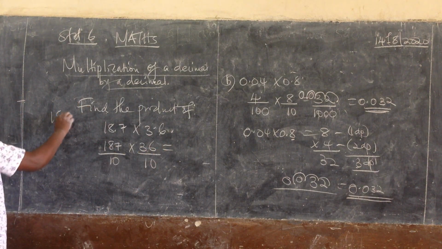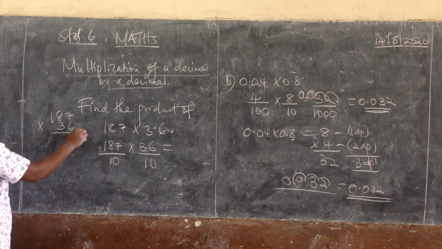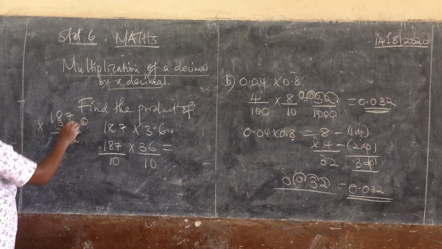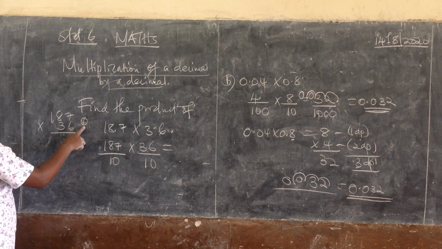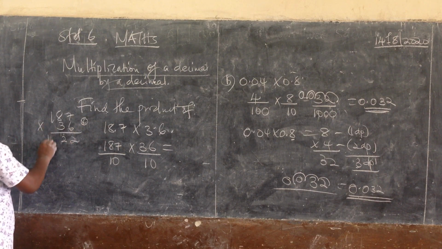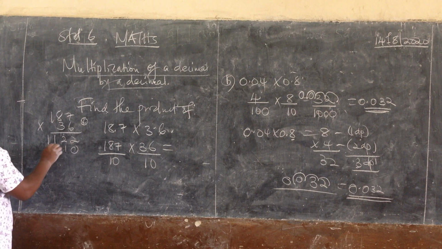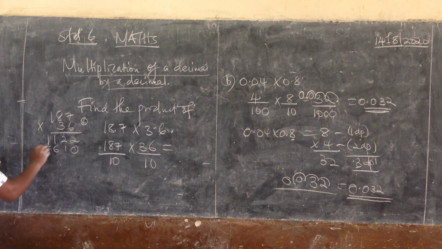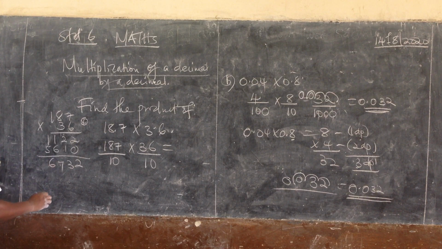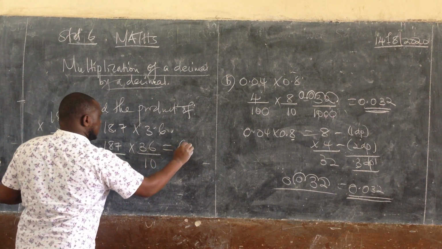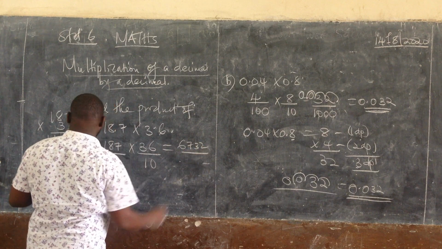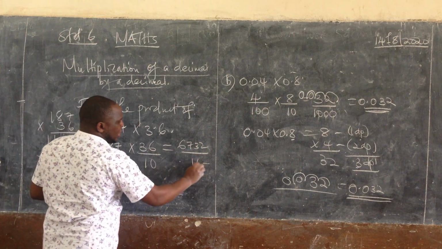So 187 times 36. 6 times 7 is 42, carry 4. 6 times 8 is 48 plus 4, 52, carry 5. 6 times 1 is 6, plus 5 is 11. Then 3 times 7 is 21, carry 2. 3 times 8 is 24 plus 2, 26, carry 2. 3 times 1 is 3, plus 2 is 5. So the answer is 6732 over 10 times 10, which is 100.